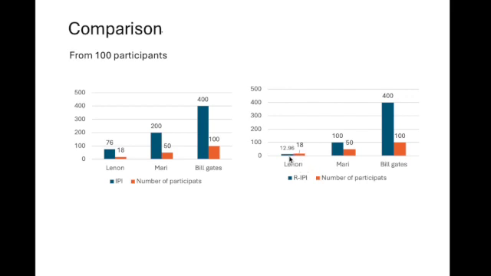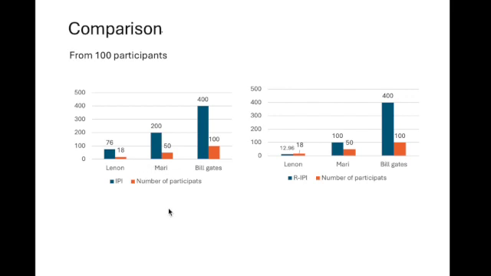So if we compare IPI with R-IPI, as we can see, the R-IPI increases smoothly according to the number of participants. But here, if we don't consider the number of participants, the amount of improvement, or IPI, will be much higher.